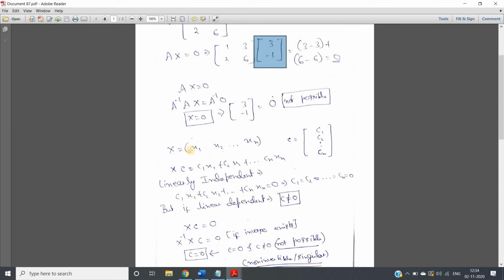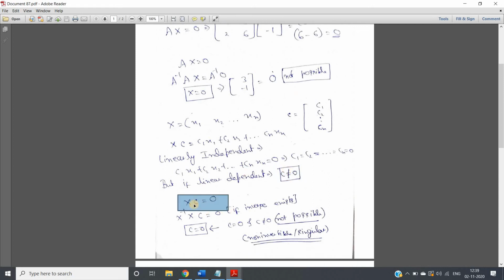So if these individual columns x1, x2 up to xn are linearly dependent, then we get C1 x1 plus C2 x2 plus up to Cn xn equals 0, where C is not equal to 0, that is, all the values are not simultaneously 0. Now again we can generalize the same concept: X is a matrix where XC equals 0 for some C not equal to 0.